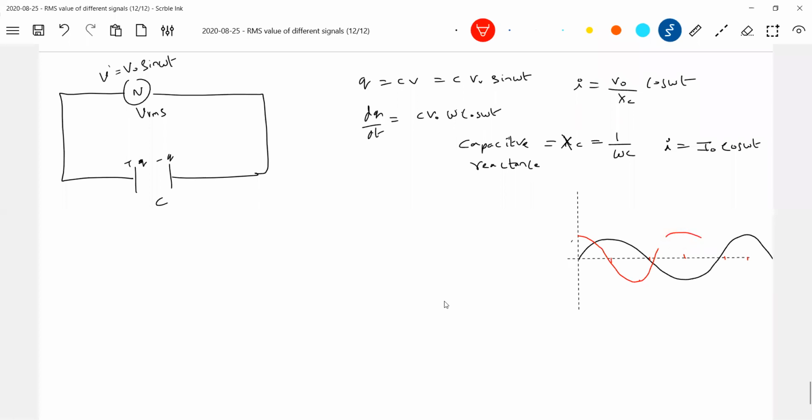Try to see this variation. The black color is what? The applied voltage, and the red color is what? The current. Is anything happening to them? Shall I say current leads the voltage?